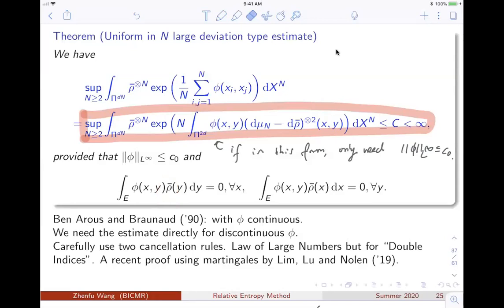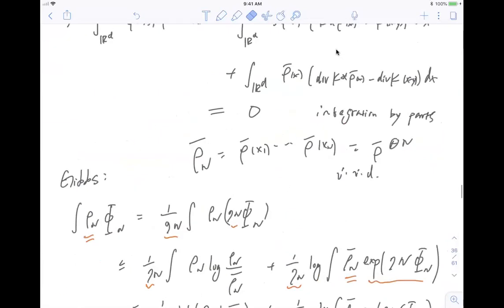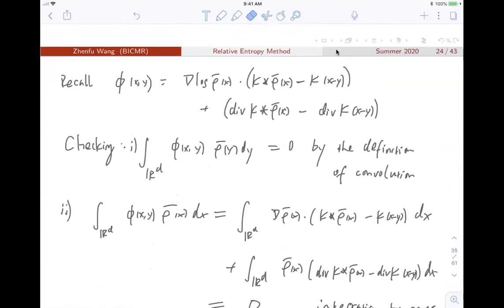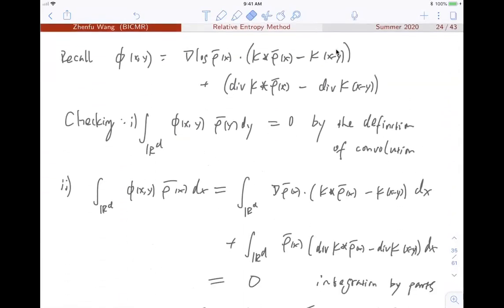If you integrate with respect to the x variable, you also get 0. You can check that very easily, but these are crucial. We need to use these two properties repeatedly to get the estimate.